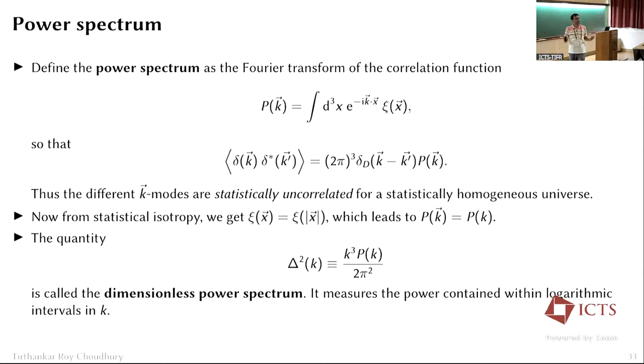For a Gaussian random field, this is sufficient to describe the properties of the field. You don't need any other quantities to describe it. If the field is non-Gaussian, then you may need higher order moments. So often people turn around this argument and try to measure higher order moments, and if you can measure non-trivial higher order moments, then you know that the field is non-Gaussian.